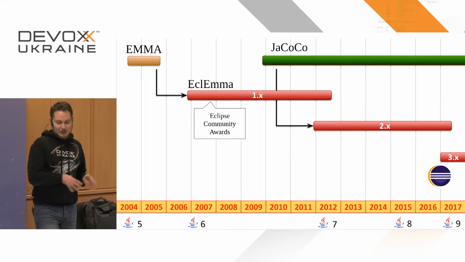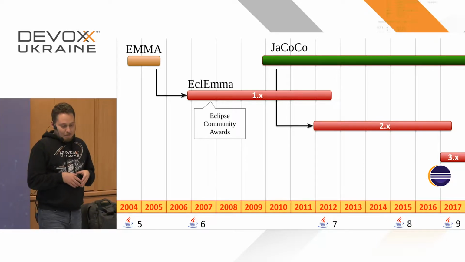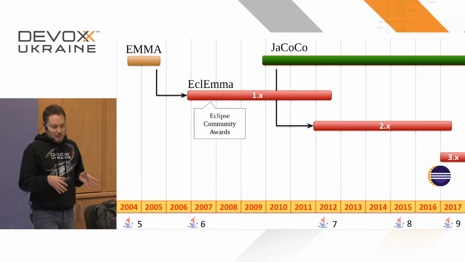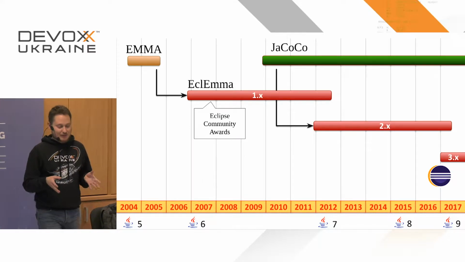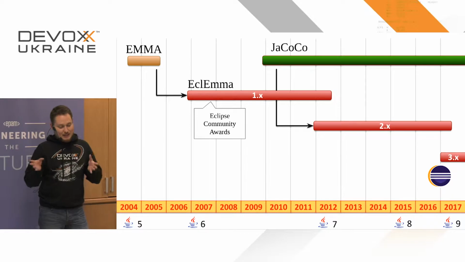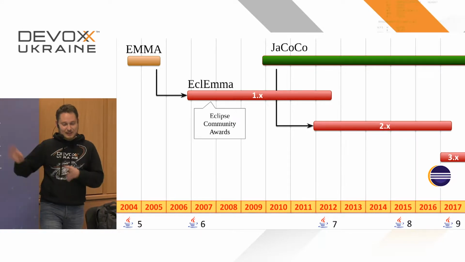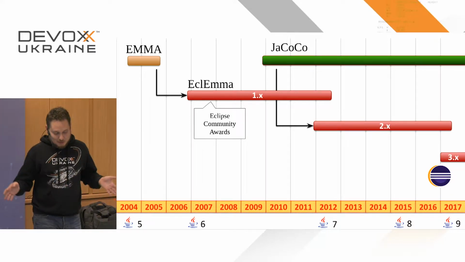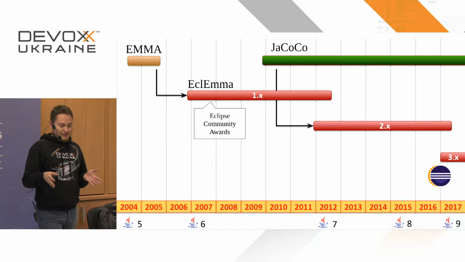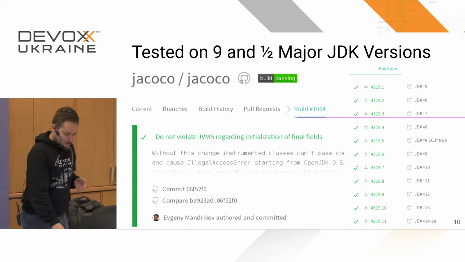Later on, EclEmma became an Eclipse project, etc., etc. The reason to replace Emma was that Emma stopped its evolution on Java 5, whereas there was Java 6, 7, and now it's 9, 10, 11, 12, and now it's even hard to count. So we have a wide range of experience with different JVM versions, and about this we're going to talk today.